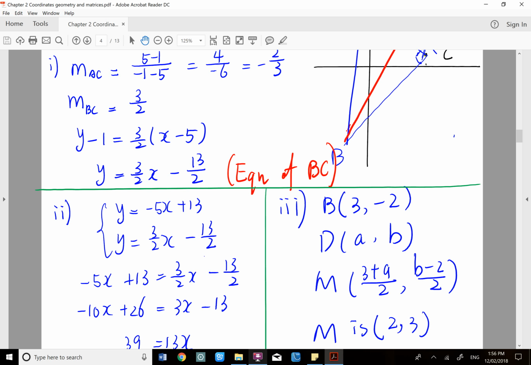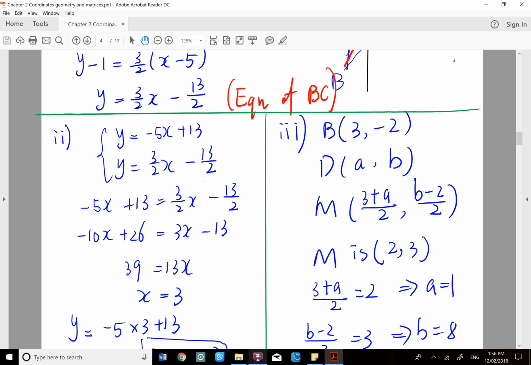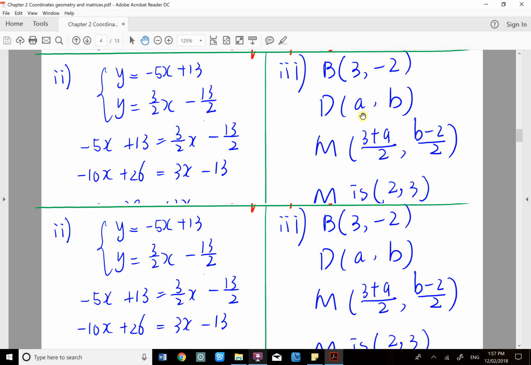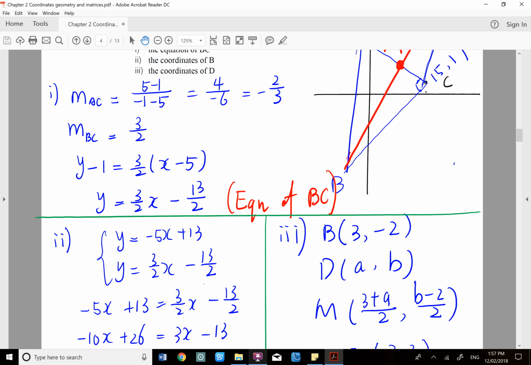Then the equations give us x equals 3 and y equals negative 2. So 3, negative 2 will be the coordinates of B. It must be the intersection between the diagonal and the actual side.